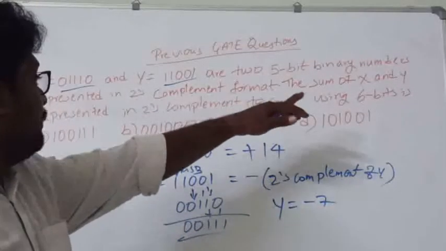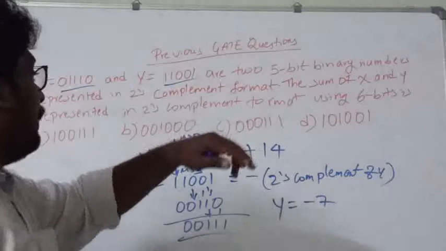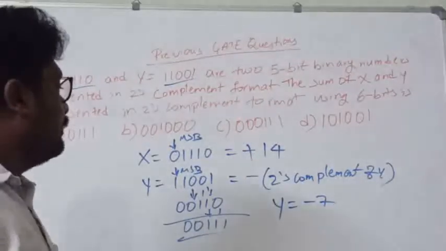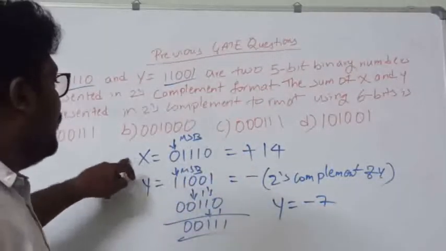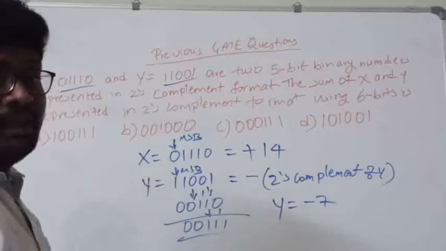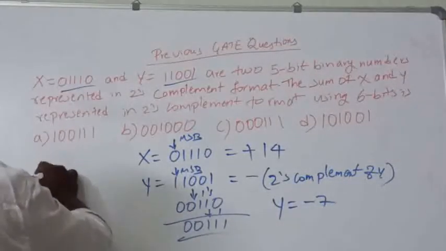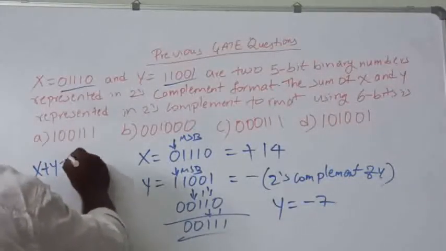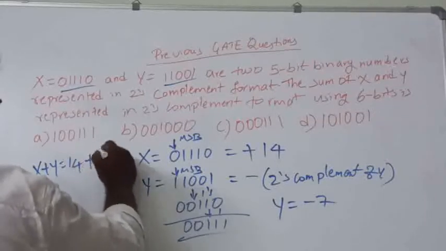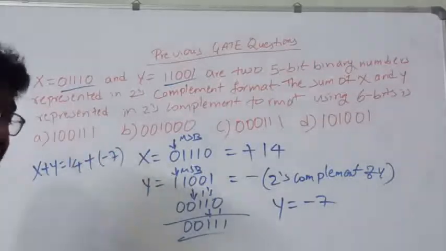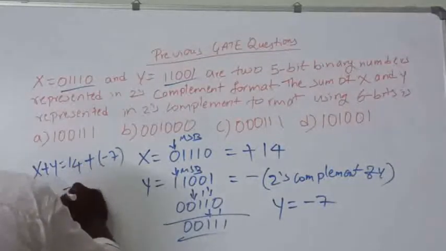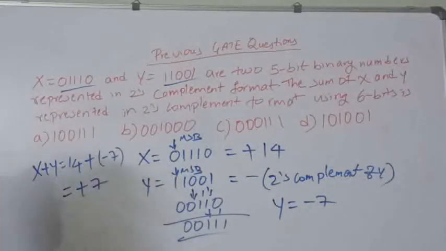So next is the sum of x and y represented in 2's complement format using 6 bits. So now we need to perform the addition operation for this x and y. So x plus y is equal to 14 plus minus 7. So the result will be plus 7.